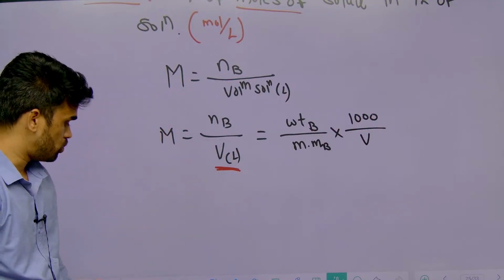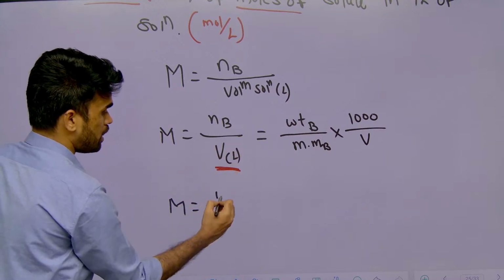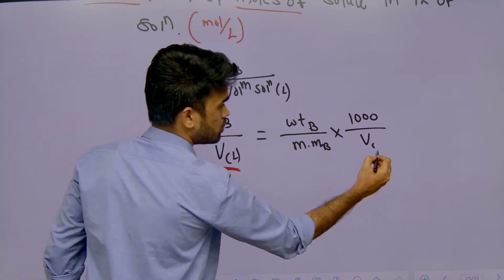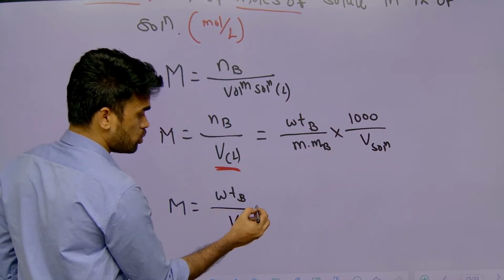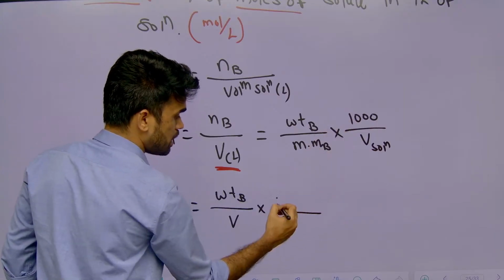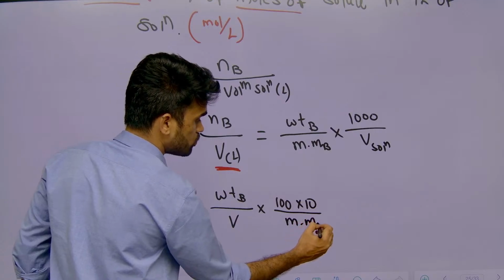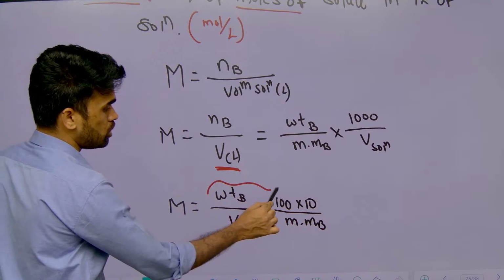This formula is also known. Now you just see what I am doing. Weight of solute as it is by V, the volume of solution, into 1000 is there; now I am writing 100 into 10 by molar mass of solute.